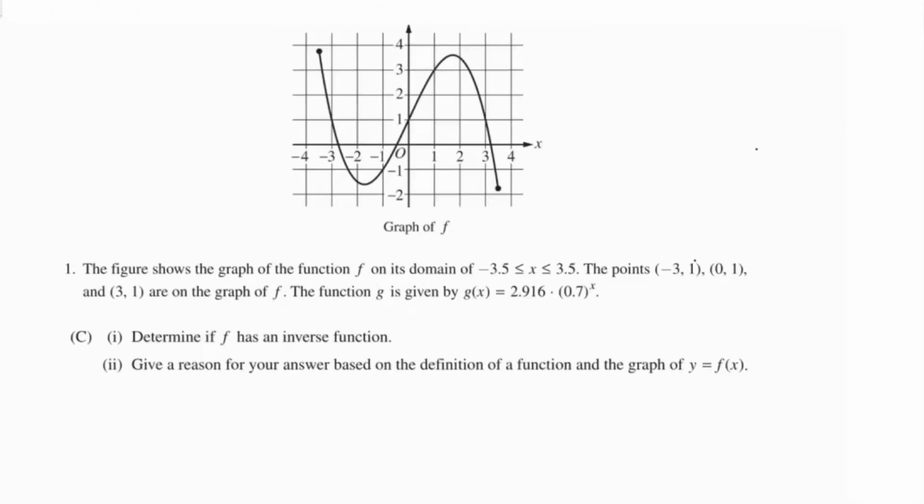All right, part C, determine if f has an inverse function. Well, if I look at the graph here, I have 3 values that have the same output on the graph of f. So if I were to invert this, that means that if we flip the x and the y around, I would have 1, -3, I would have 1, 0, and I would have 1, 3.